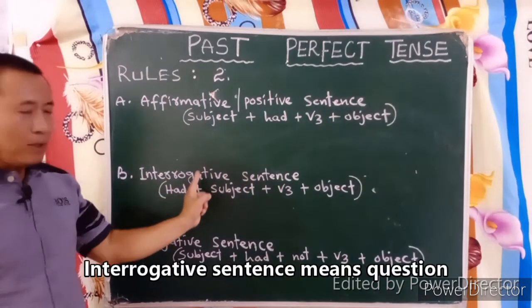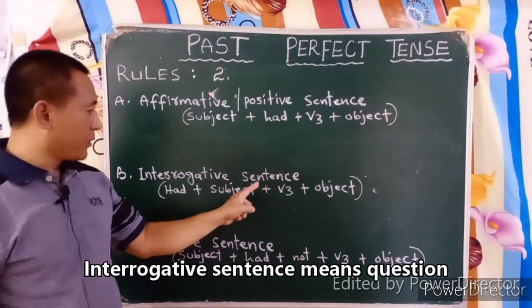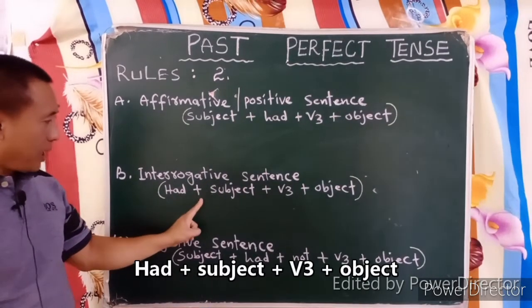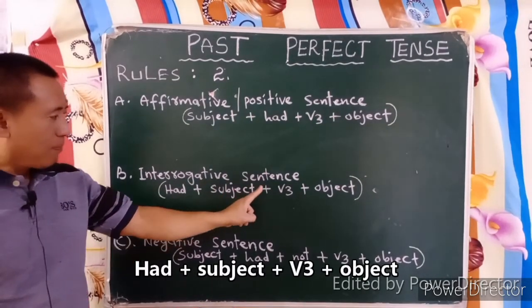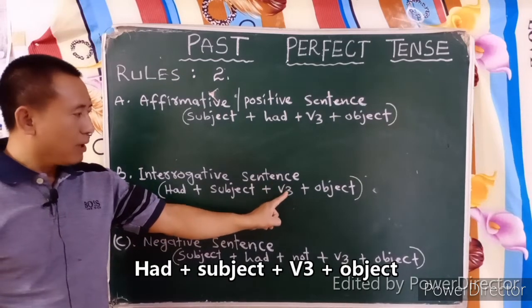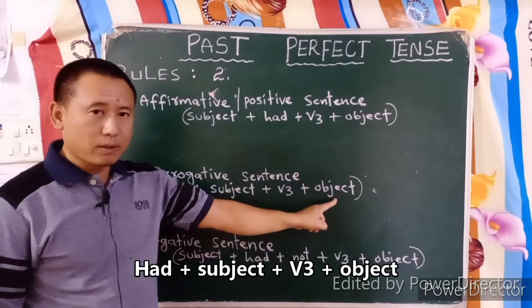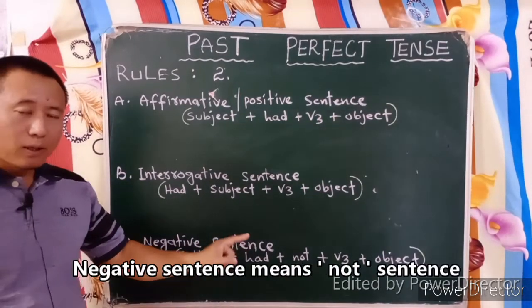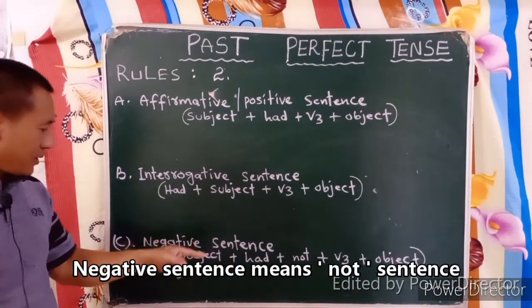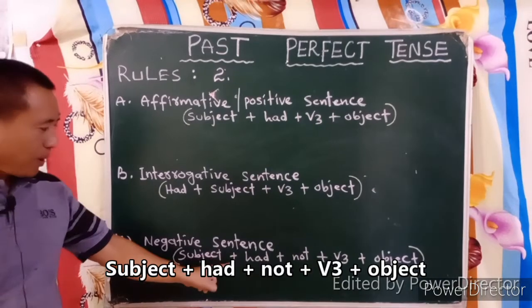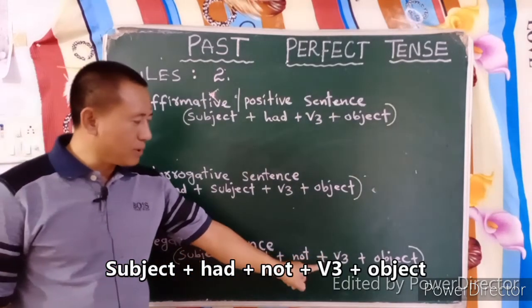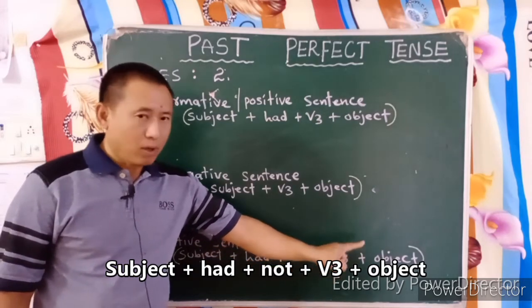Interrogative sentence means questions. So for questions: had plus subject plus V3 plus object. C, negative sentence: subject plus had plus not plus V3 plus object.